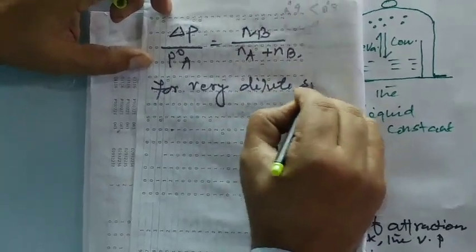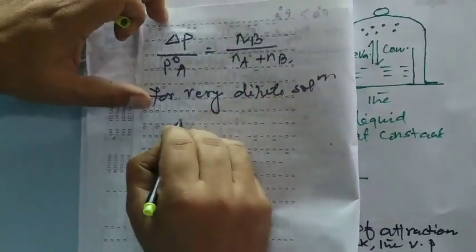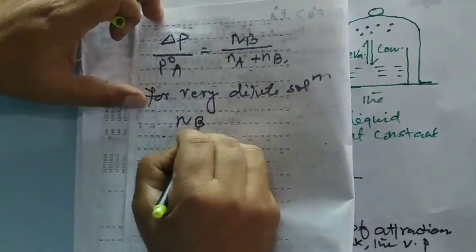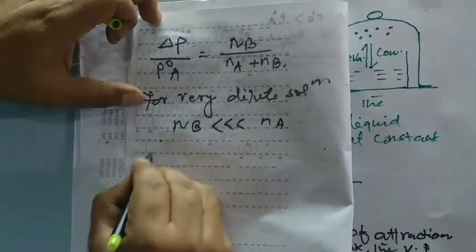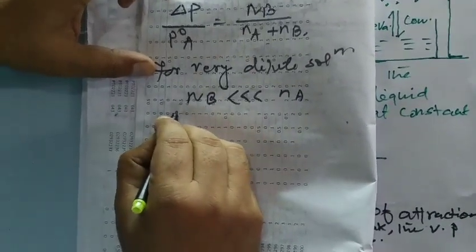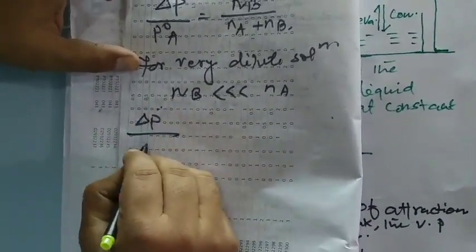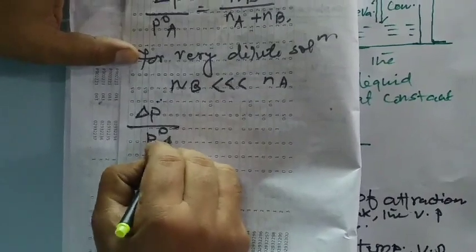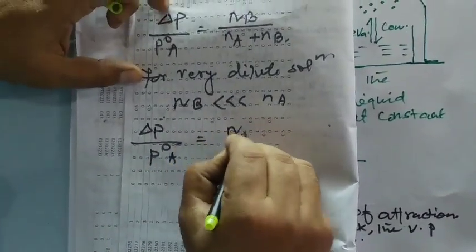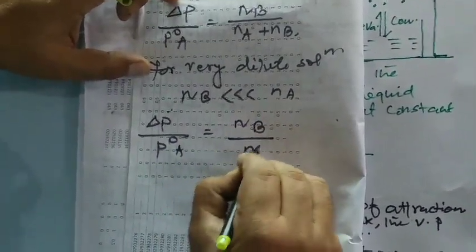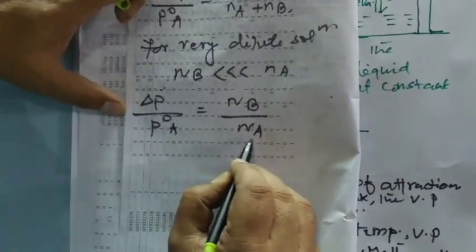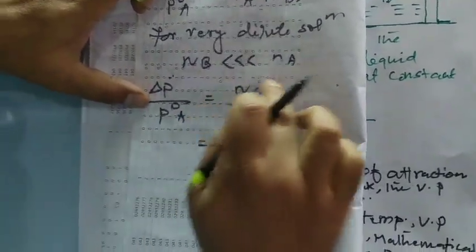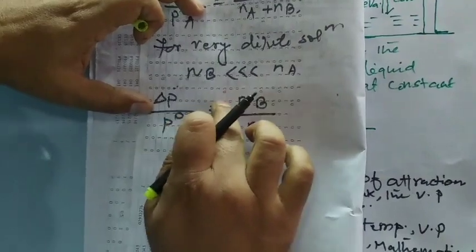In a dilute solution, what will happen? NB, moles of solute, will be much lesser than NA. Therefore delta P by P naught A will be equal to NB by NA, moles of added solute by moles of the pure liquid.